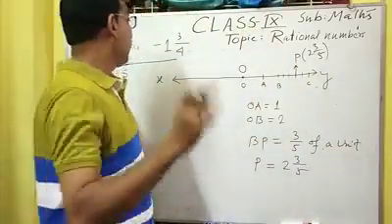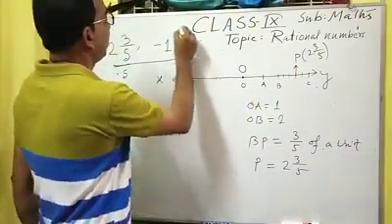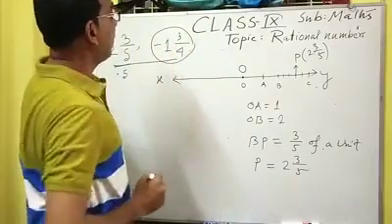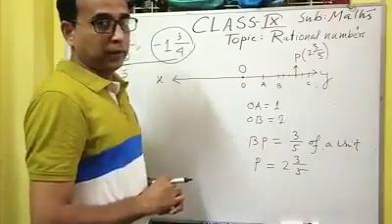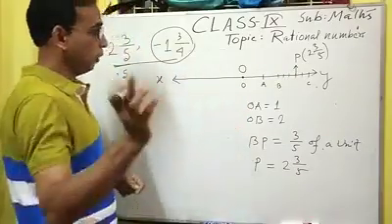Okay. Now I shall represent the rational number minus 1 whole 3 by 4 on the number line. How can I represent it? Look at the blackboard.